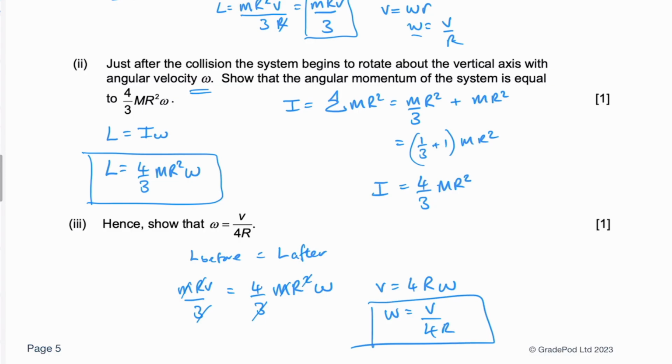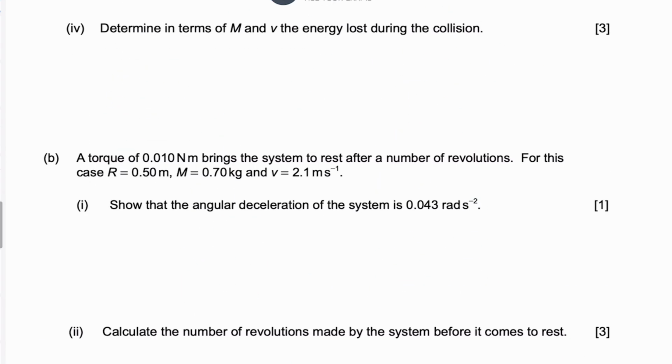Gosh, that's quite a lot of work for 1 mark each of those questions. There we go. Determine in terms of m and v the energy lost during the collision. Well, energy before is equal to 1/2 I omega squared, which gives us 1/2, and the I before was mr squared over 3, times omega squared, and that was v over r all squared.